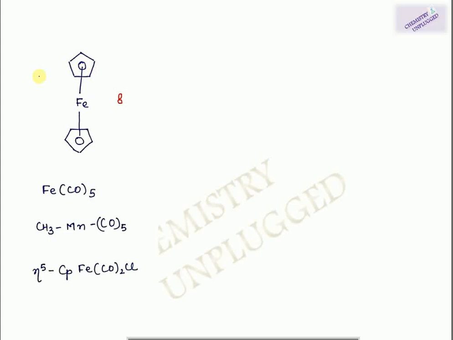So 8 electrons will be contributed by iron, and this is cyclopentadienyl, and we know that it is in the eta 5 state, meaning all 5 carbons are contributing towards this central metal. So 1 Cp is providing 5, so 2 will provide 10, meaning it is following the 18 electron rule. Then we have Fe(CO)5. So Fe again has 8 electrons in its outer shell. 1 CO gives 2 electrons.